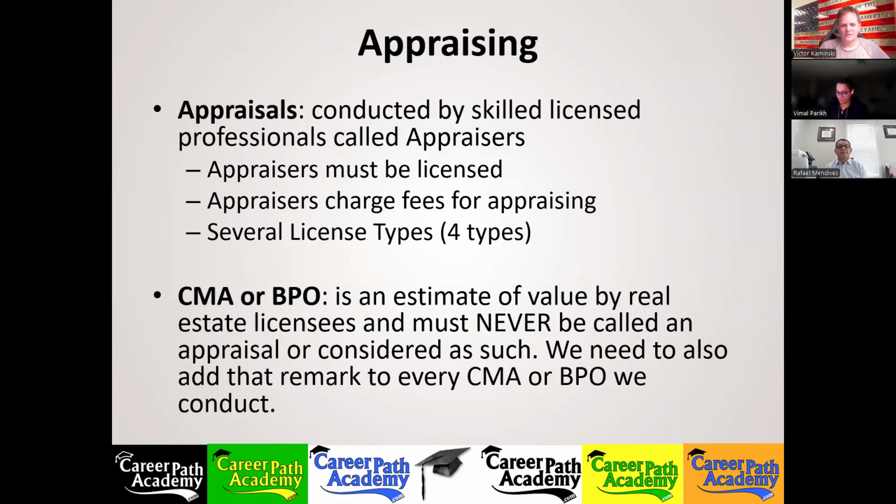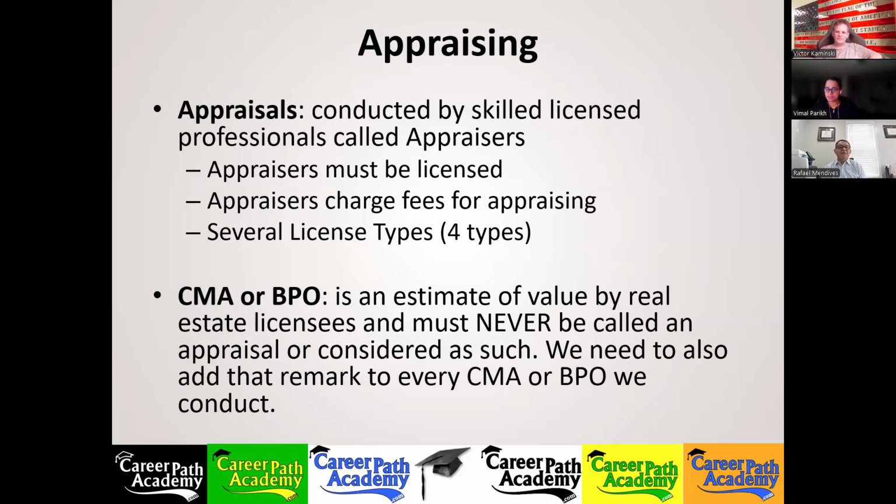Which one can appraise residential properties over $1 million? There are 3 options. Which one can appraise only residential properties over $1 million?